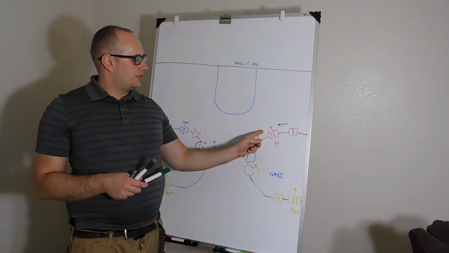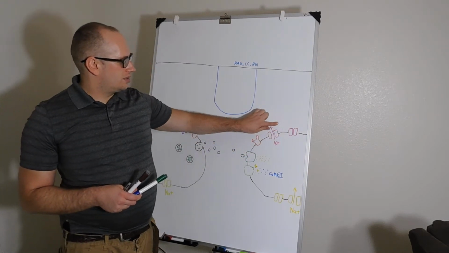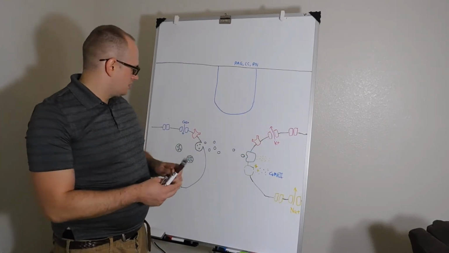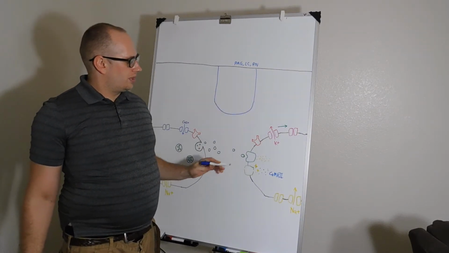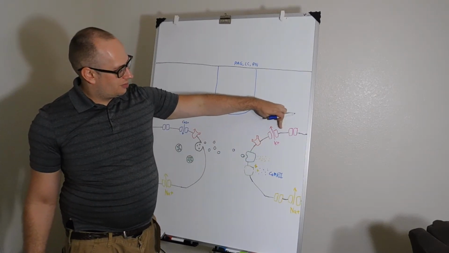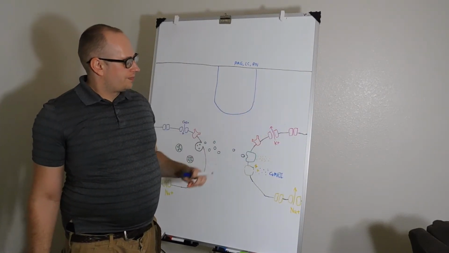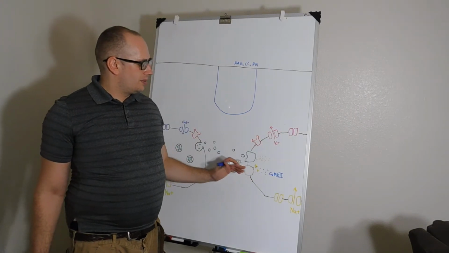Delayed rectifier potassium channels, when they do open up, it causes, this is actually wrong, when glutamate comes in, it actually is more likely to close these potassium channels. No, actually, never mind what I just said. So these start out closed, for example.